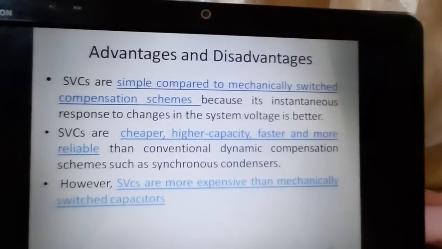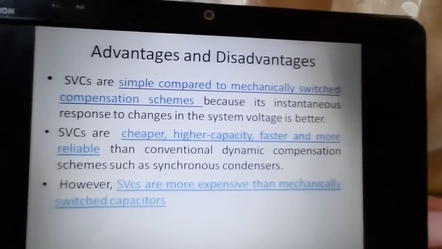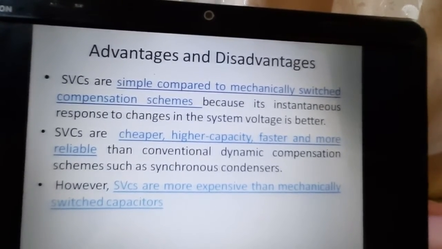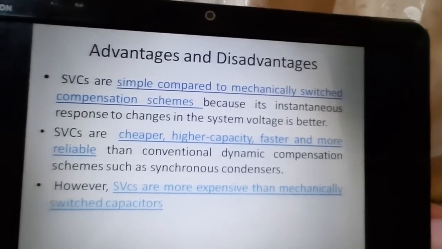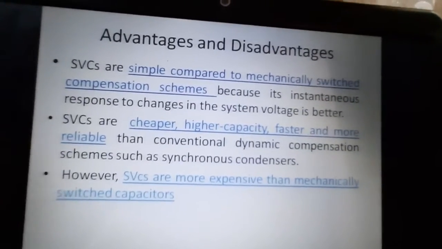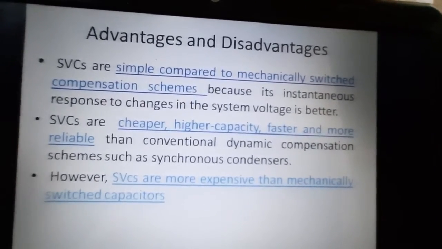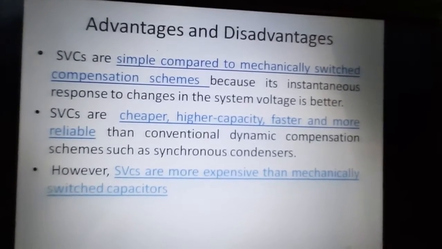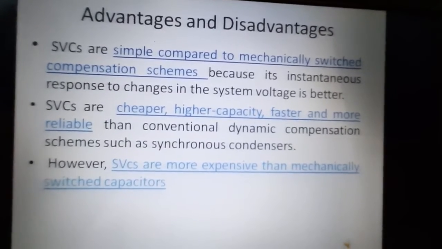Now, after knowing the features, VI characteristics, and working principle of SVC, we have come to the advantages and disadvantages of SVC. SVCs are simple compared to mechanically switched compensation schemes, and their instantaneous response to changes in system voltage is better.